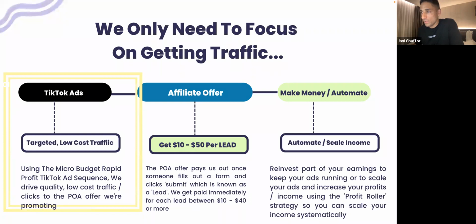This is known as a lead. And on the offers we've partnered with, we typically get paid between $10 to $40 per lead. I put 50 there, but it's around $40 a lead. Or if it's a pay-per-sale offer, like a ClickBank offer, we get up to $150, $160 per sale. That's our commission. So it only takes about 10 sales to get to $1,000 a day.